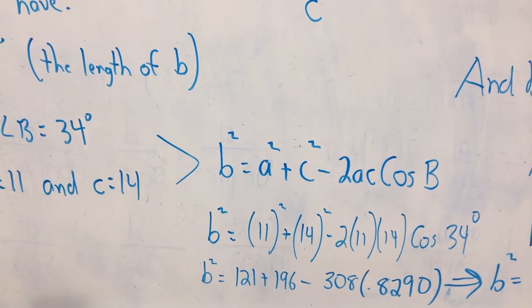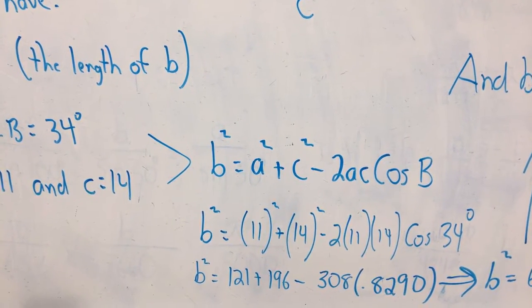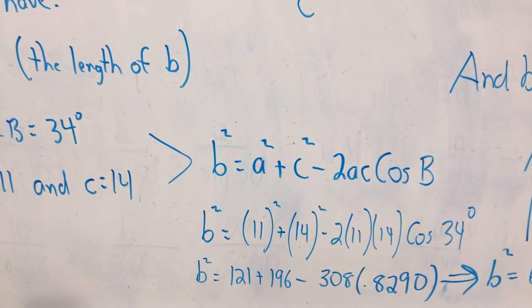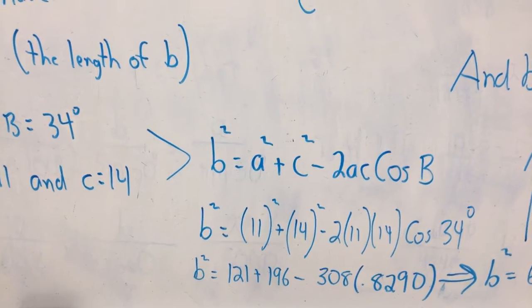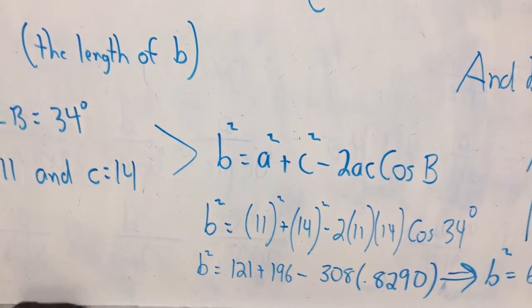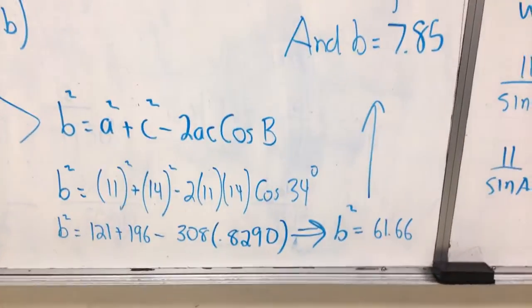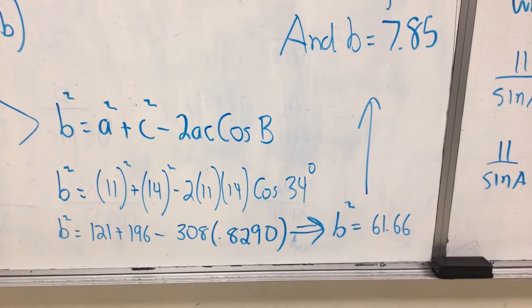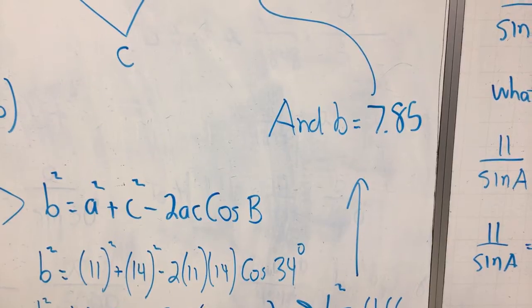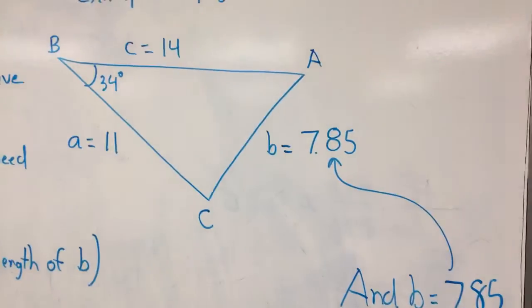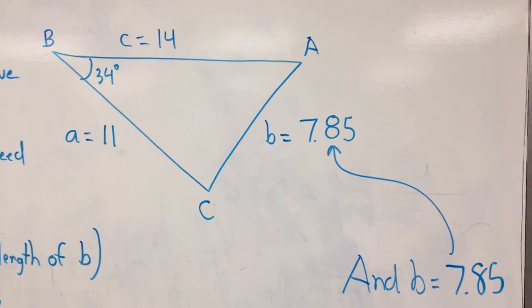So B squared is 121 plus 196 minus 308 times 0.8290. On your calculator, all you have to do is hit cosine, 34, and you get 0.8290. Now, you plug all that in, and B squared is equal to 61.66. You take the square root of that, and B is equal to 7.85. There it is.